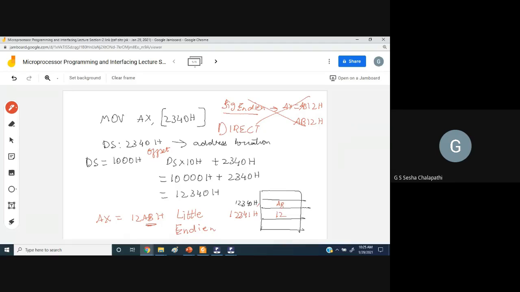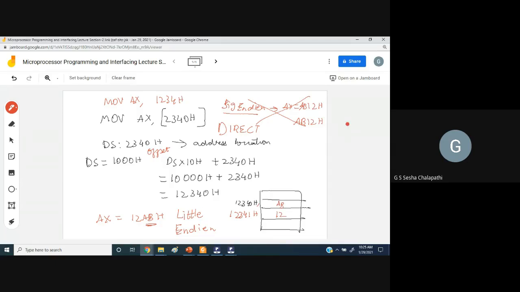Now please note the difference between the immediate addressing mode and direct addressing mode. In immediate addressing mode, when I write the instruction, it will be say 1234H, and I do not have the square brackets.